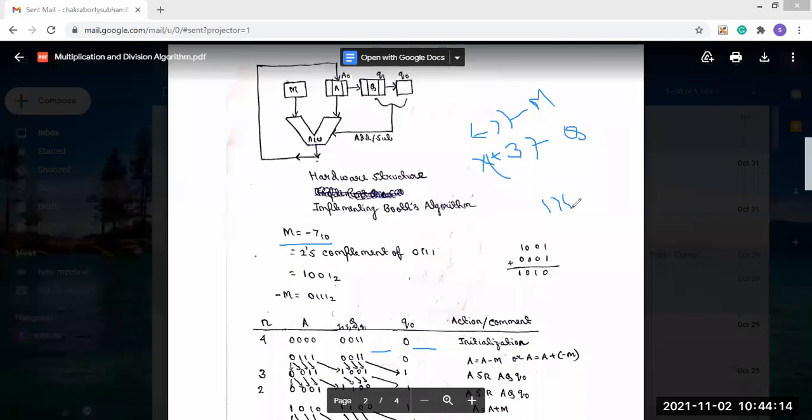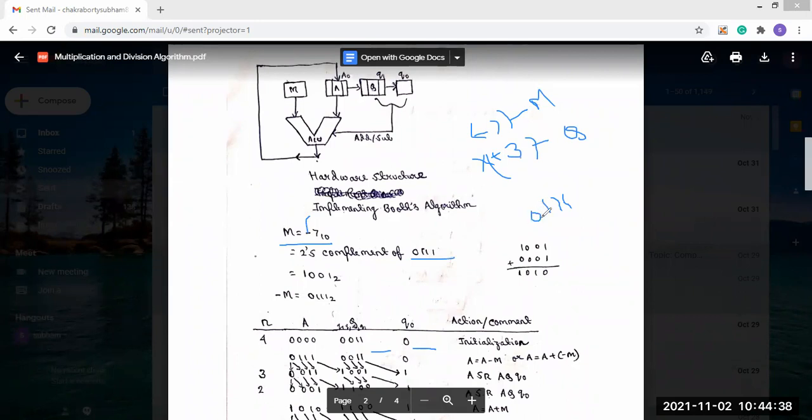Only 3 bits are required. But then why have I written 4 bits here? This is because for the representation of a minus number, we require an extra bit. An extra sign bit is required.